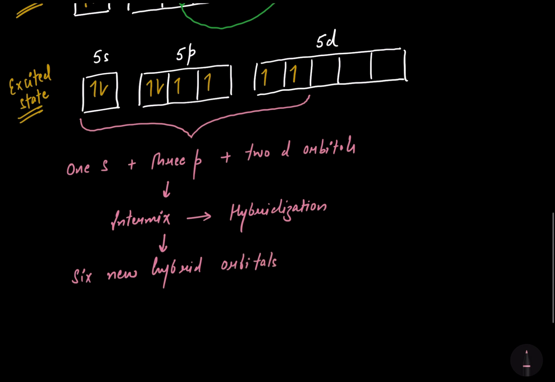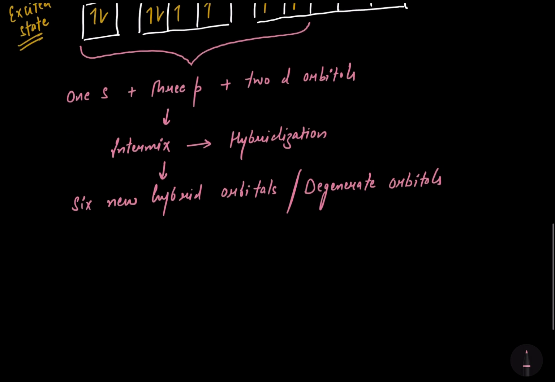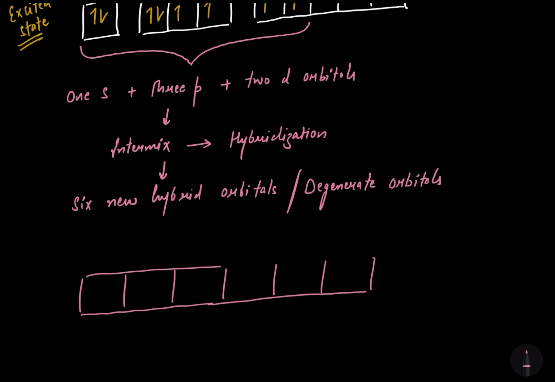Those hybrid orbitals will have equal energies, so they will also be regarded as degenerate orbitals, because all the new 6 hybrid orbitals are having equal energies. So I am making the 6 new hybrid orbitals. So these are the 6 new hybrid orbitals.